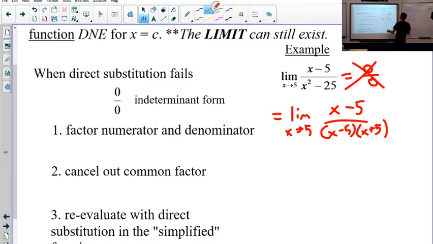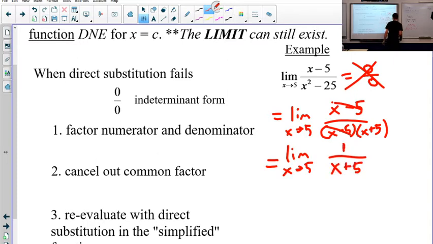So now, what we're going to do is cancel on top and bottom. And we're going to say that this graph, everywhere except 5, behaves exactly like the canceled version, 1 over x plus 5.